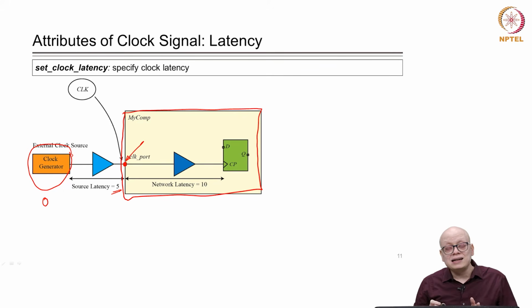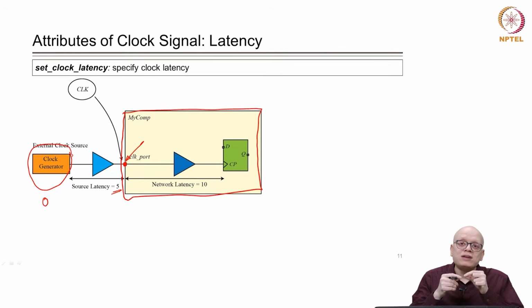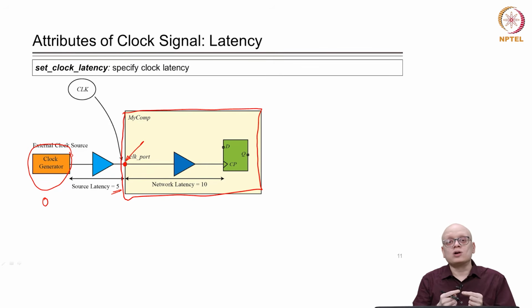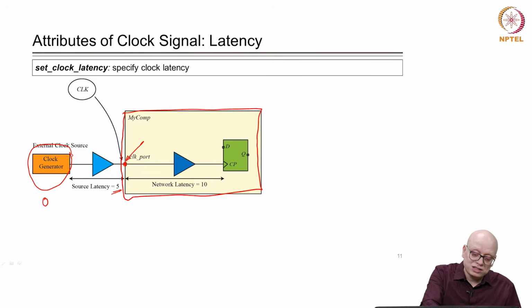Then we say that the source latency, meaning the delay that the clock signal encounters before reaching our design, or before being generated at the point where we have specified the clock signal. So, in this case we will specify the clock signal at clock underscore port.